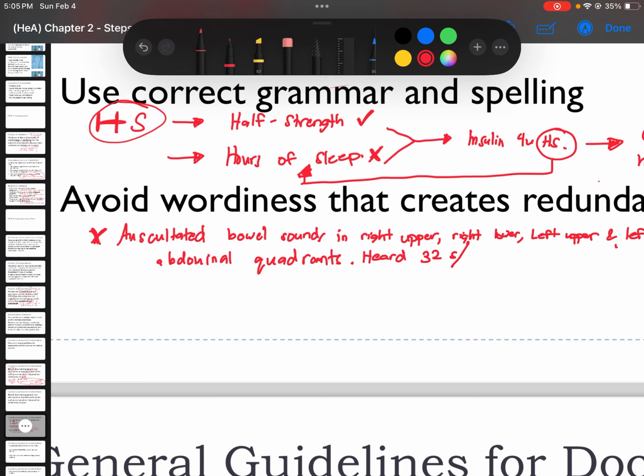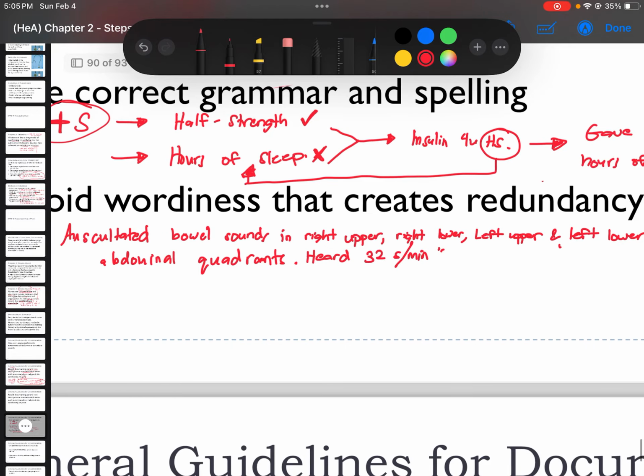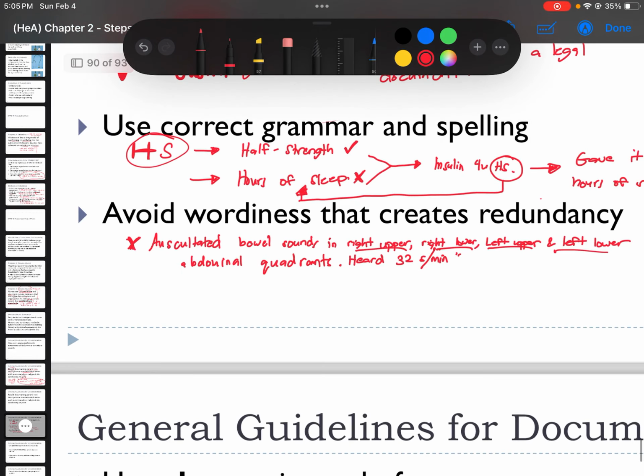32 sounds per minute. Now, that is too long, class, and you are being very redundant.